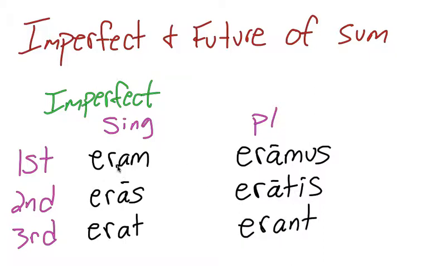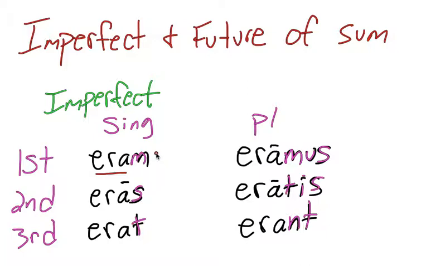If you think about it, you're really using era as a stem, and then you're adding for your endings m, s, t, mus, tis, nt. So if you remember era, then you add your endings m, s, t, mus, tis, nt.